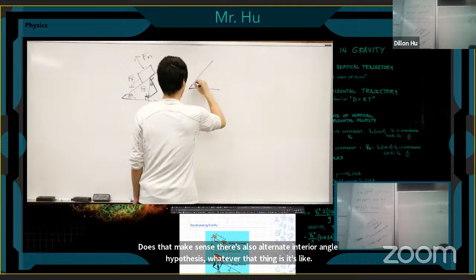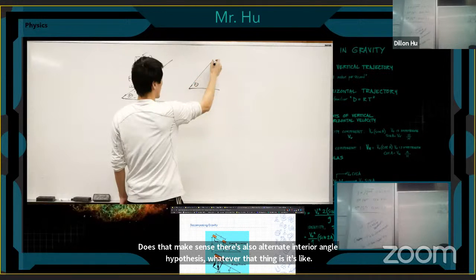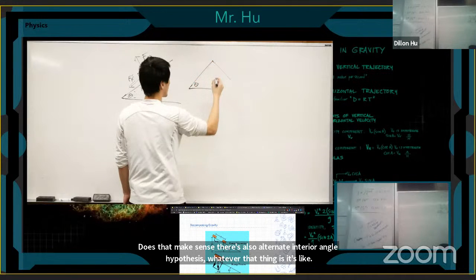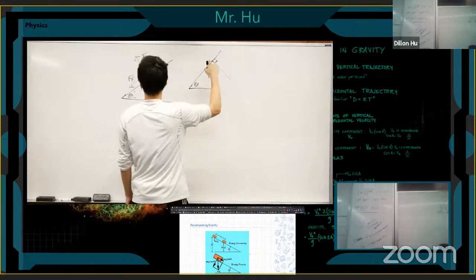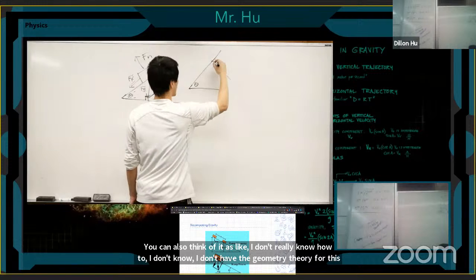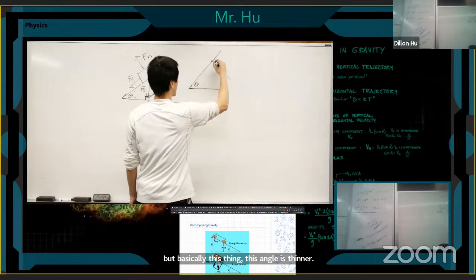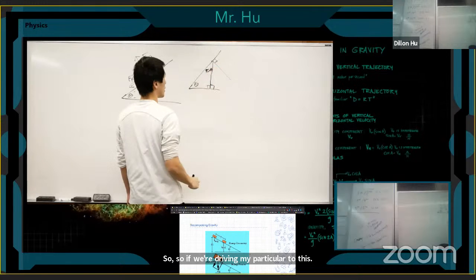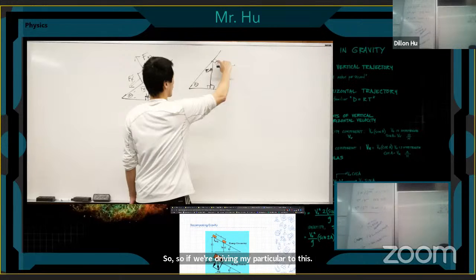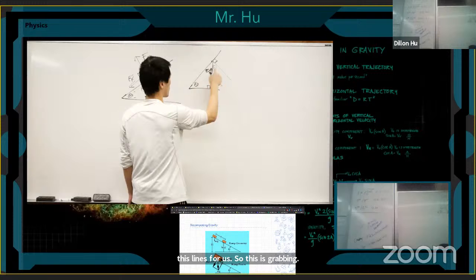If we're drawing a line perpendicular to this, gravity is perpendicular to the bottom of the ramp. So that means this angle needs to be 90 minus theta. And if this angle right here is a right angle, this angle needs to be theta.